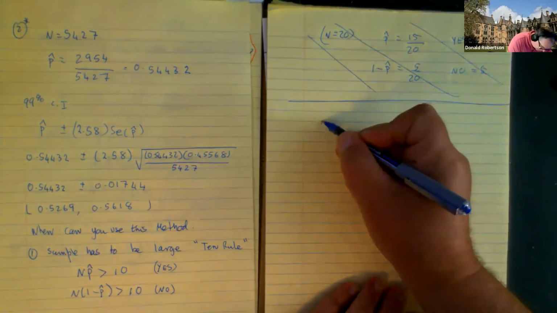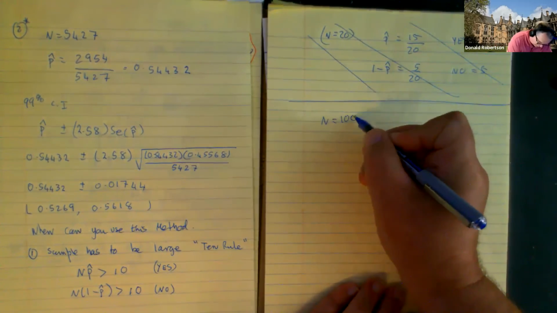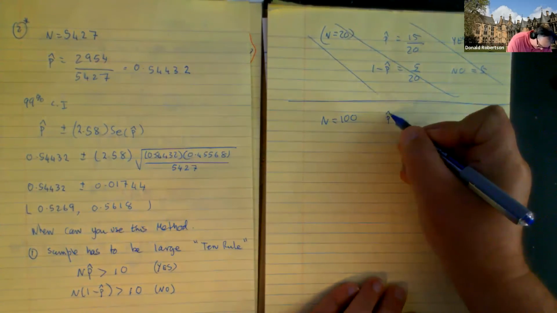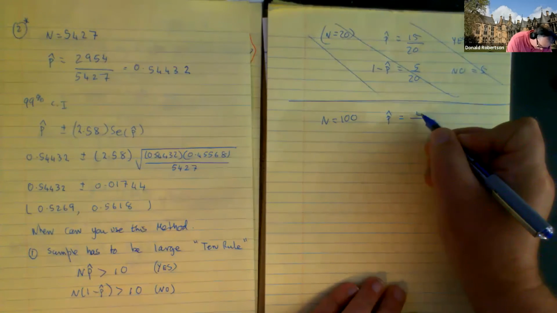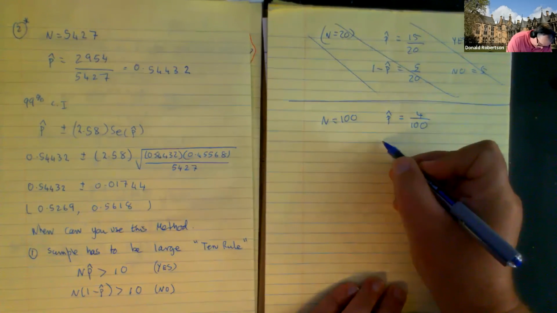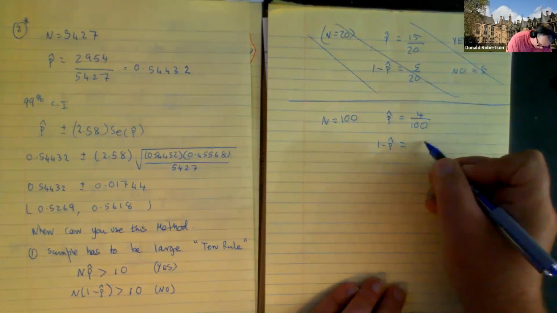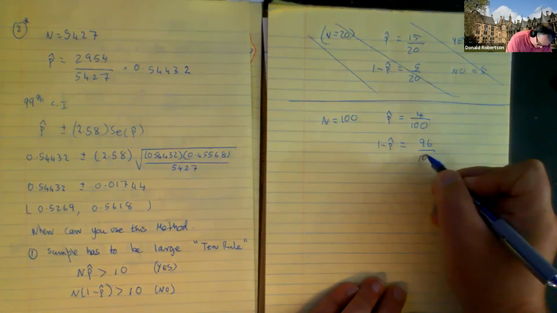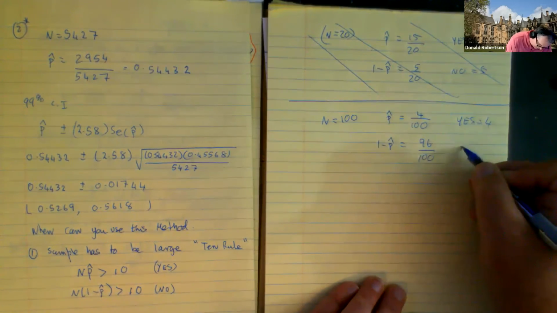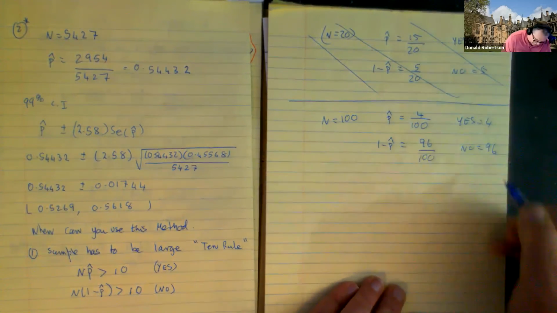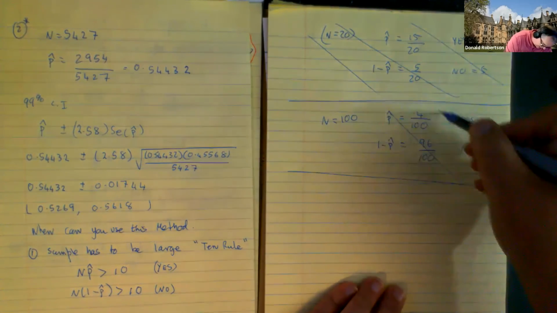Now, you could even have a big sample, say 100. And the number of people who had a particular genetic disease was 4 out of 100. And the proportion who didn't have it was this guy. Well, wouldn't the yeses here be 4 and the no's here be 96? Wouldn't you fail it again?